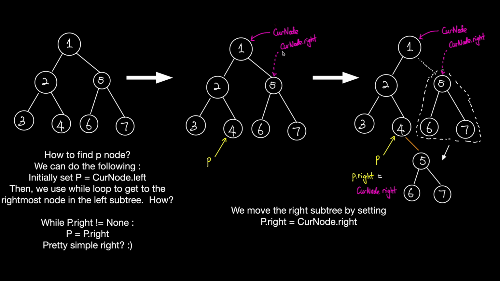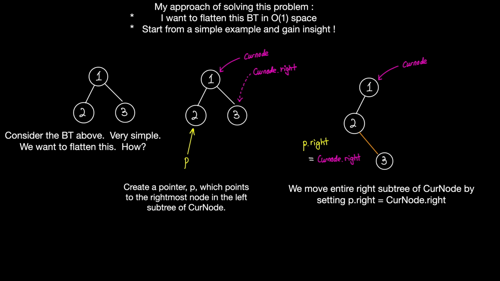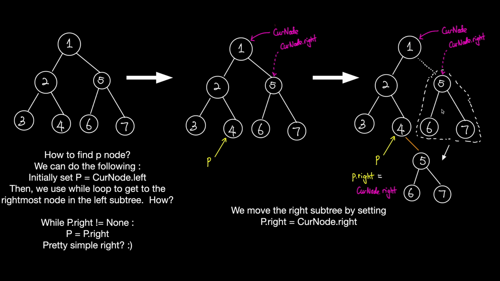And then current node dot right is here, and as you saw before, where we had p dot right equal to current node dot right, we do the same thing. Then this guy will move here, and then we create this linkage.